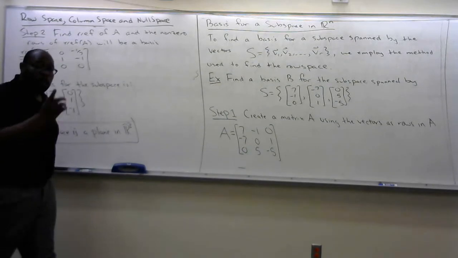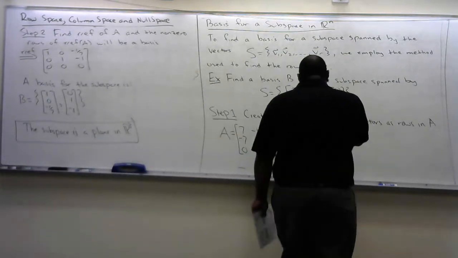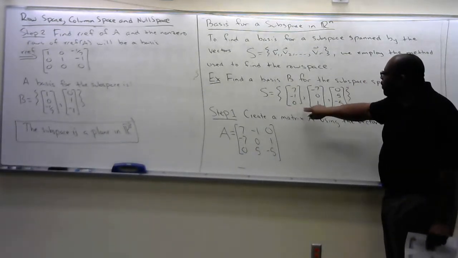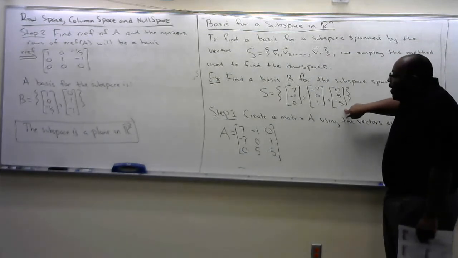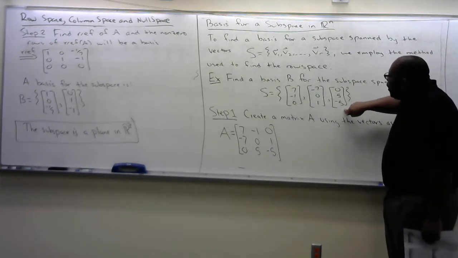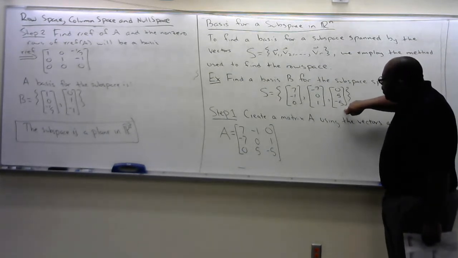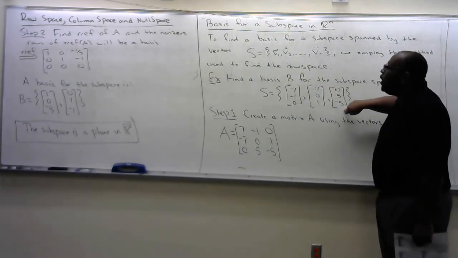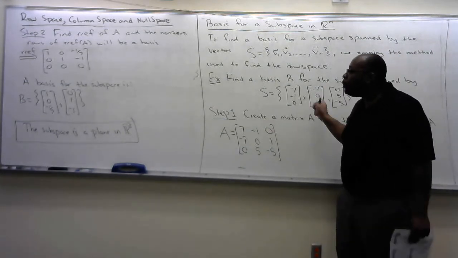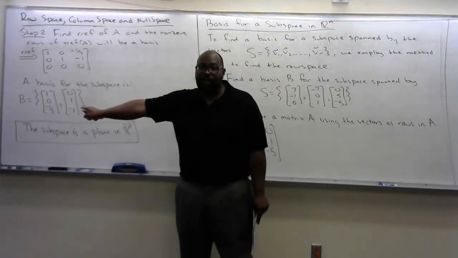Right? So again, let me just reiterate this. If I take all possible linear combinations of these three vectors, I'm only going to be able to get a plane. I can only represent a plane in R3. And that plane can also be represented by just these two vectors that I have here.